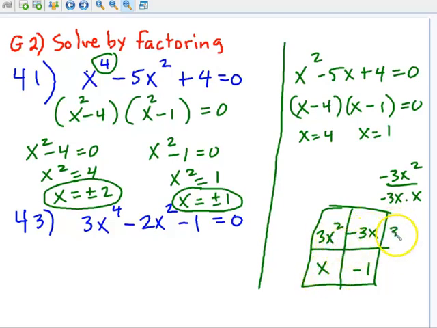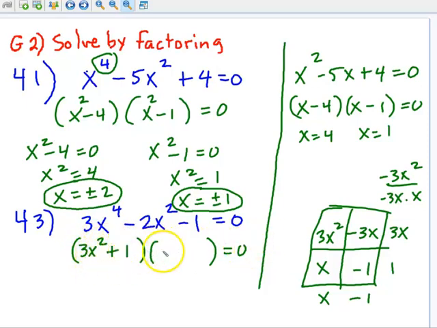And now find the GCFs, 3x and 1, x and negative 1. And that would be the factoring, but since it's fourth degree, we just have to include x squared. All right, now solve each.